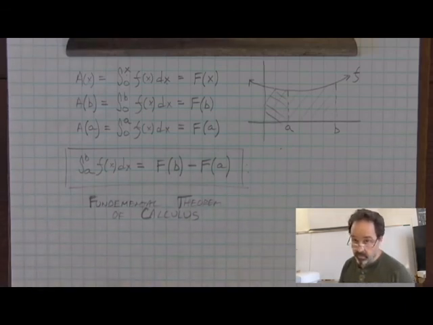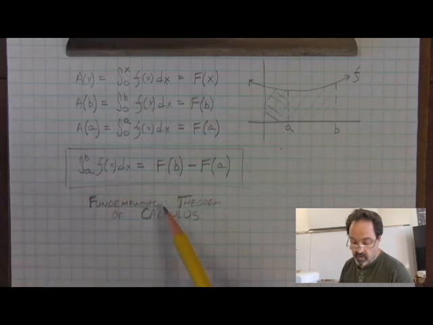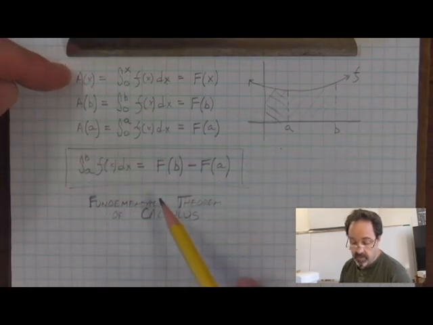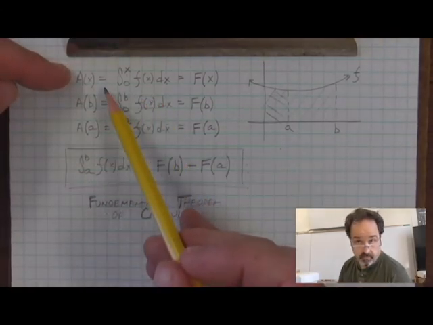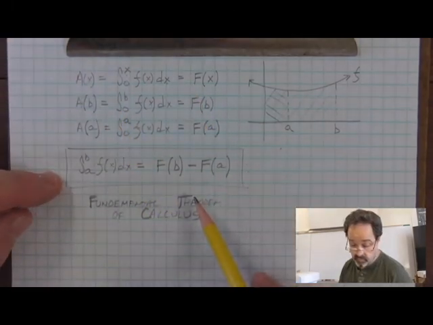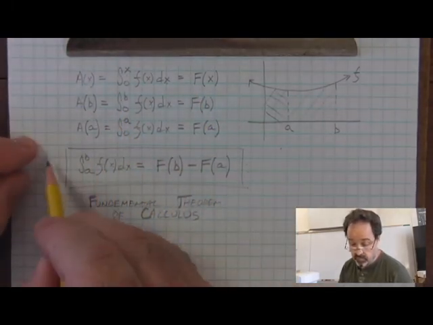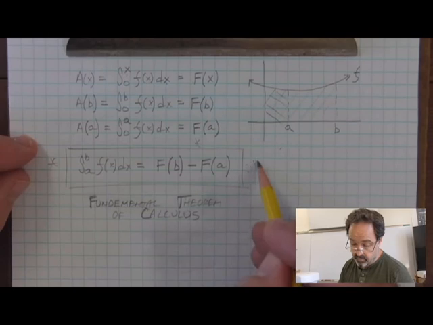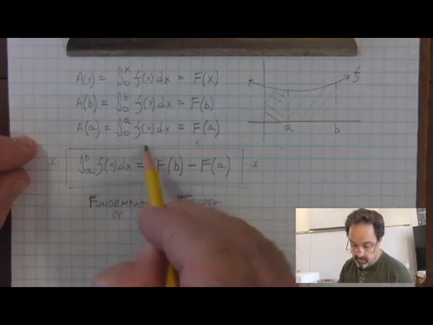Part 1 was the establishment of the integral as an area function, so that we could use it for this extremely useful and very important "it's a big deal" expression.